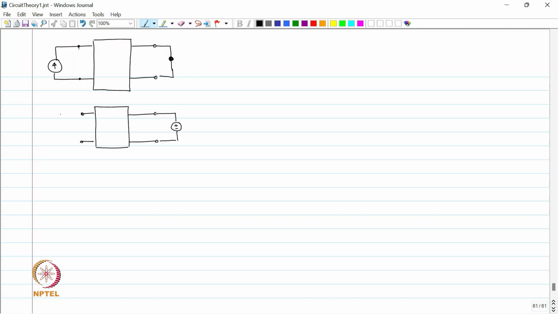All right. And over here I am going to use a dummy 0 ampere current source. Fine. And then we are going to start with Tellegen's theorem.